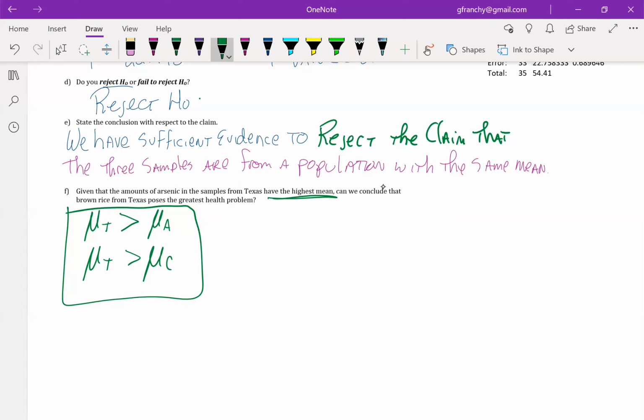So in just the very broadest terms, we can answer yes here. Now, does that mean when you leave here and go to the supermarket, you should make sure your rice isn't from Texas? That's probably something you want to do a little more reading up on before you start worrying about it. And we'd hope, if it was that much of a problem, that the FDA would have jumped in at this point.